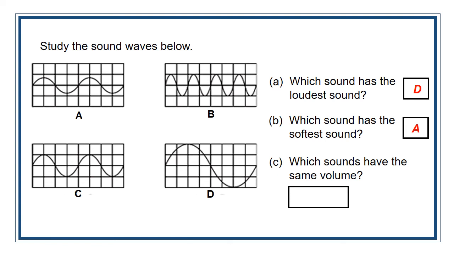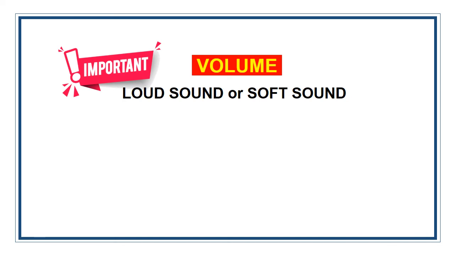Then which sounds have the same volume? It will be B and C. So if you are going to observe the amplitude of the loudest sound, that's the amplitude, and we are going to compare it with the softest sound, which is A, okay, and then this is the amplitude of C and the amplitude of B. Now remember, when we talk about volume, it refers to how loud or soft the sound is.